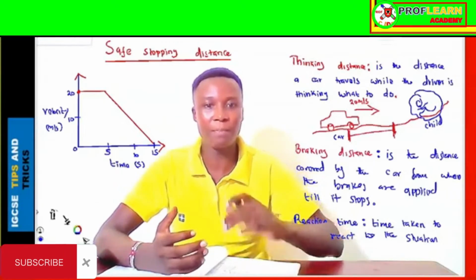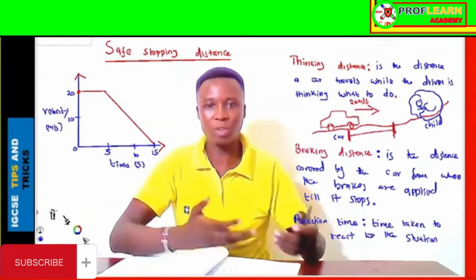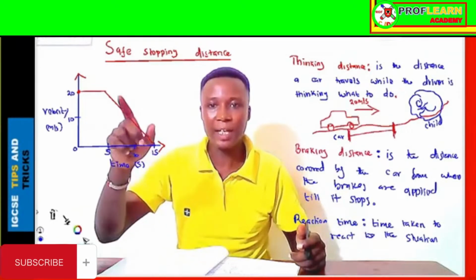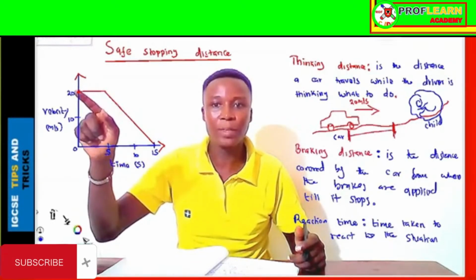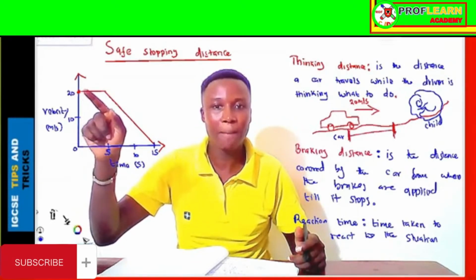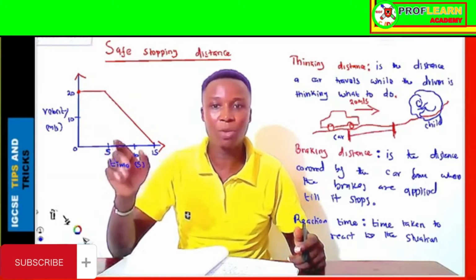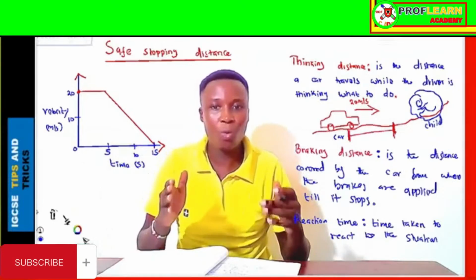Reaction time is the time taken by the driver to react to the emergency, to react to the situation, thinking what to do. And in that time, the vehicle will be moving at a constant speed, and that speed is 20 meters per second. So the reaction time is 5 seconds because from 0 to 5, the driver was thinking what to do.